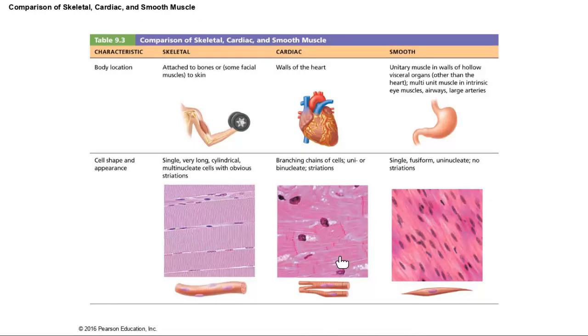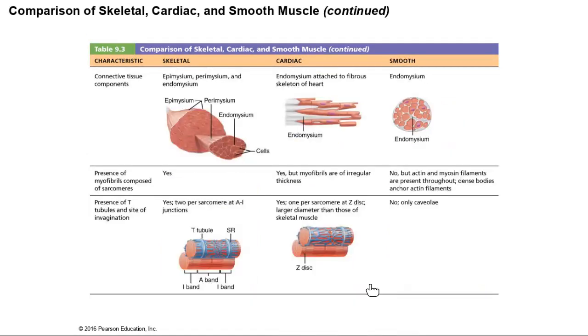The last few slides here are nothing to talk about. These are just tables I like a lot because they summarize everything you need. They give you skeletal muscle, cardiac muscle, and smooth muscle and compare them on where they are, what they look like histologically, and other structural components.